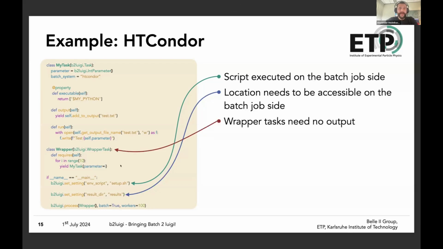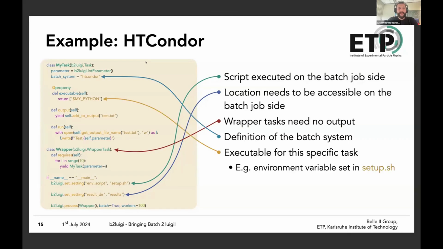Here I also show a small feature that I personally use a lot. That's the wrapper task. The wrapper task does not need a run or output method. It's successful whenever the output of requires is already present. So this one will be run locally and will yield my task, and my task will then be processed on the batch side, more precisely on HTCondor.